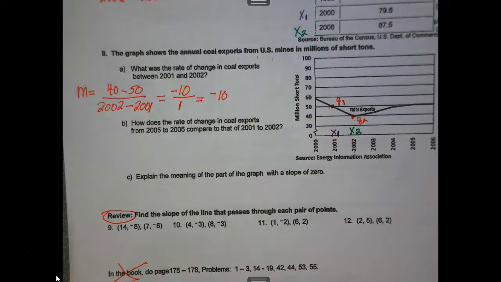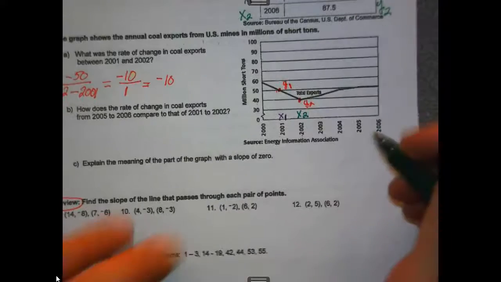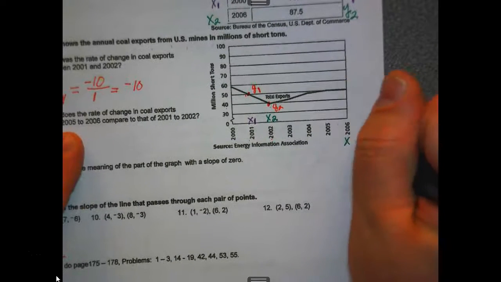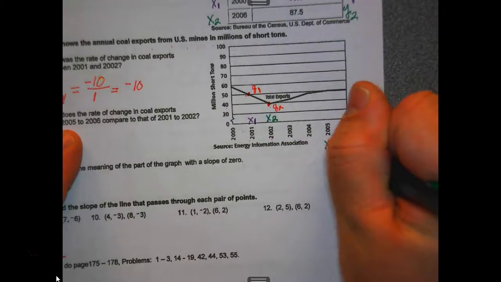Or negative 10 short tons. Okay, how does the rate of change in coal exports from 2005 to 2006 compare to 2001 to 2002? So we got to do it again. There is my X. My X1 is 2005.